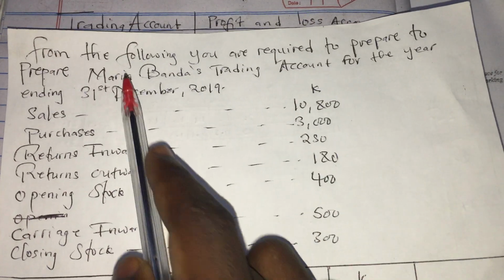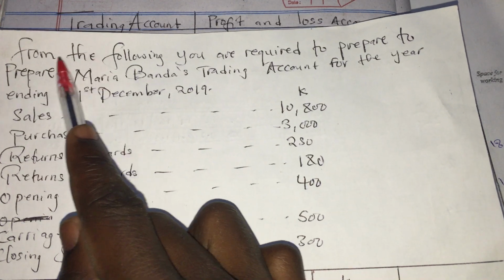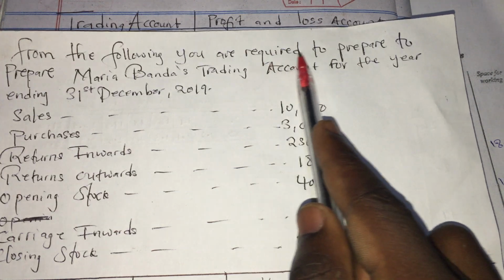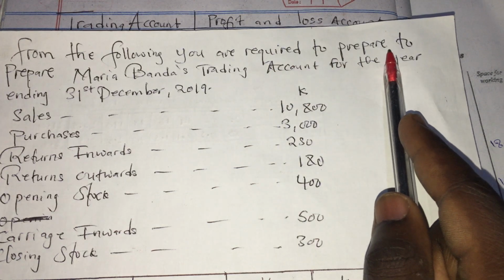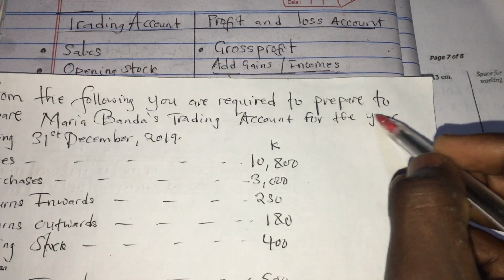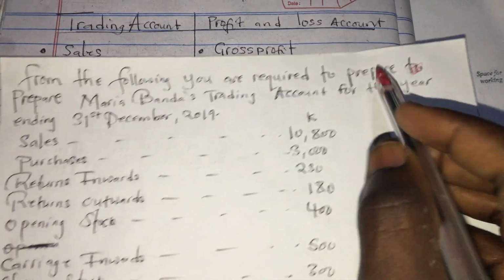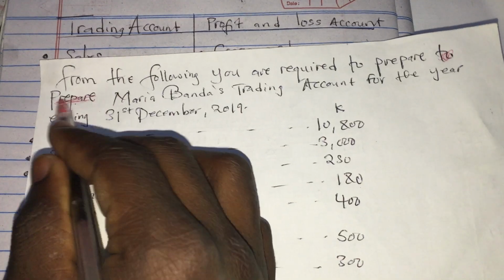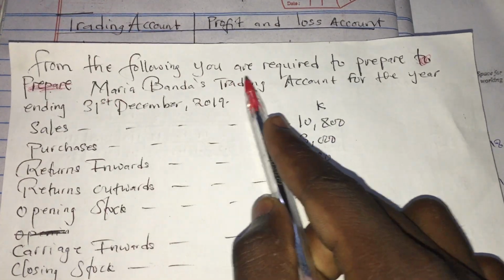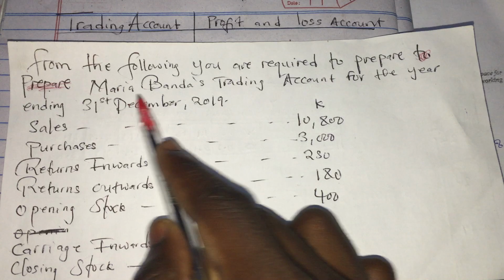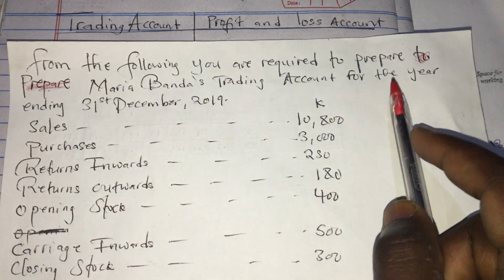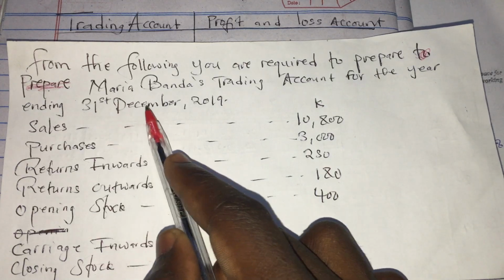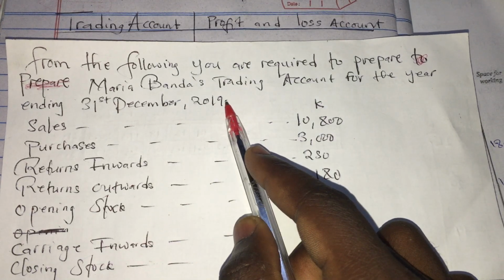I've prepared this question which says, from the following, you are required to prepare Maria Banda's trading account for the year ending 1st December 2019.